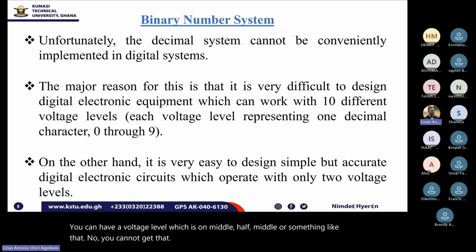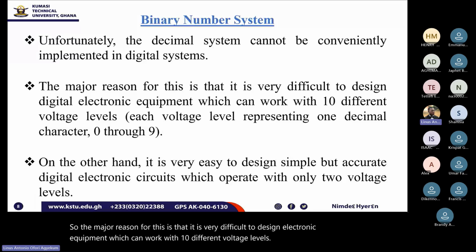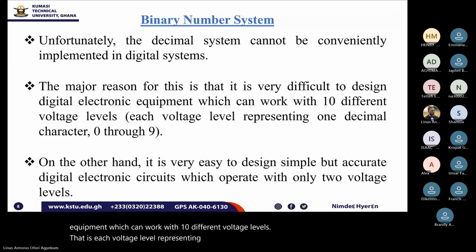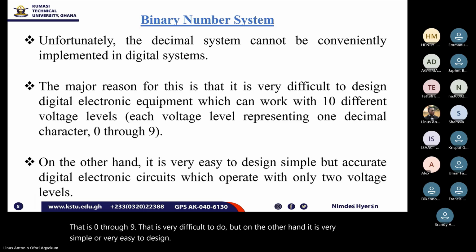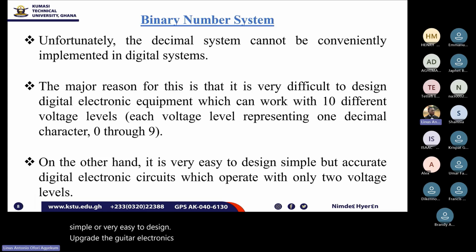The major reason is that it is very difficult to design electronic equipment which can work with 10 different voltage levels, each voltage level representing one decimal character, that is 0 through 9. That is very difficult to do. But on the other hand, it is very easy to design accurate digital electronic circuits which can operate with only 2 voltage levels.